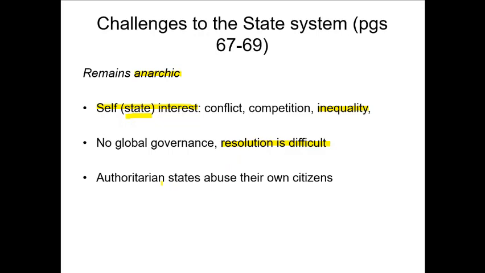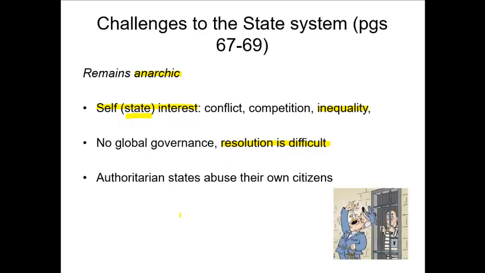We also see that authoritarian states have a tendency to abuse their own citizens. There are lots of cases still out there in the world where citizens that don't like their authoritarian rulers are thrown in political prisons or driven out and become refugees. We'll talk about some of those examples as we go through the course.